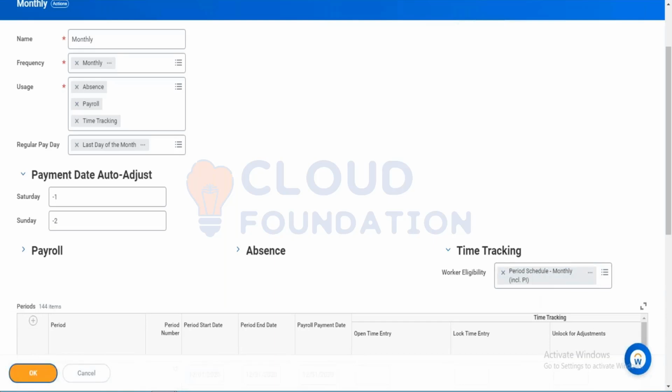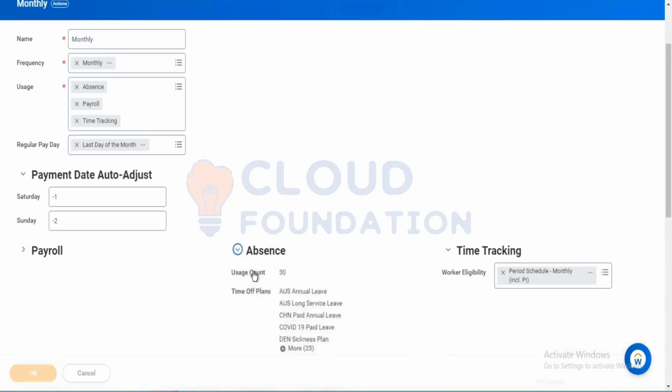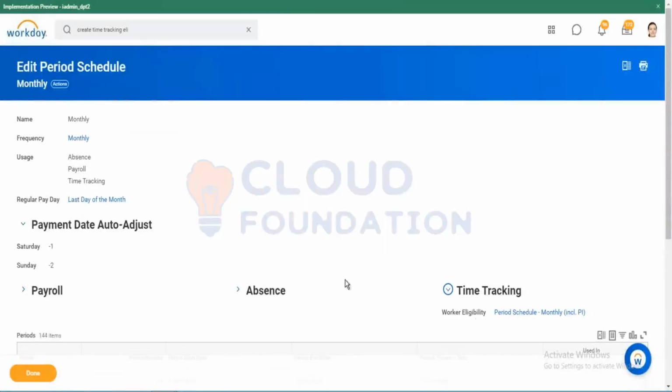The way time off plans, a lot of time off plans are having a lot of things, but here in time tracking you just need only one. So today, what we understood: the functional area is where we will begin, to check whether the client has that enabled or not.